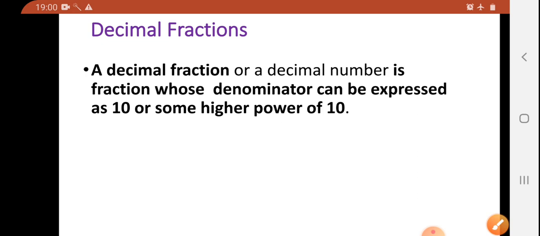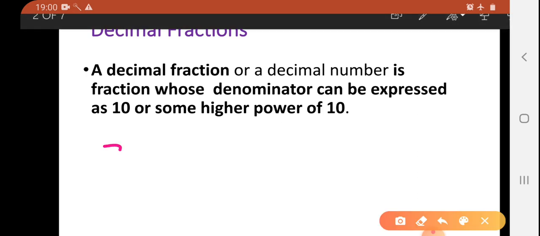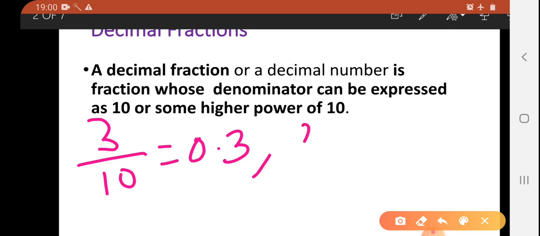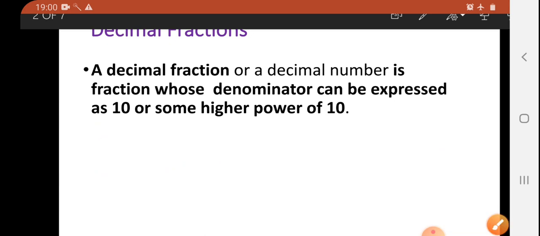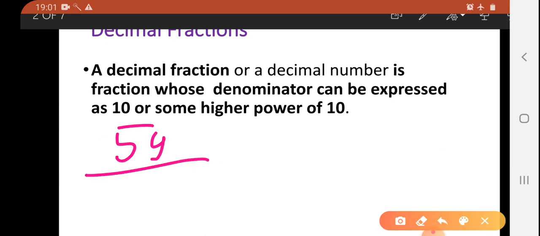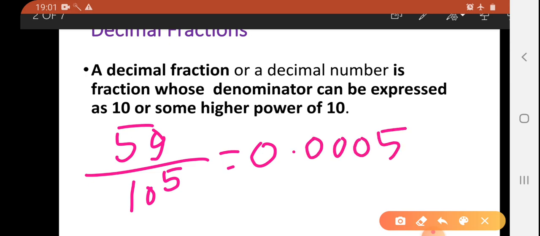Here are examples of decimal numbers. 3 by 10 is equivalent to 0.3. 213 divided by 100 is equivalent to 2.13. 59 by 10 to the power 5 is equivalent to 0.00059.